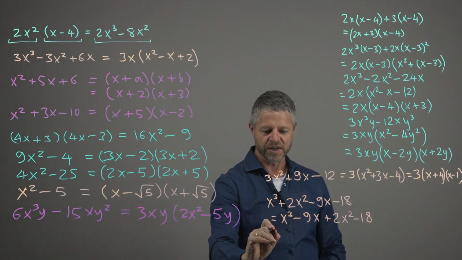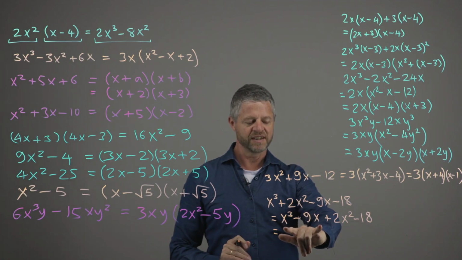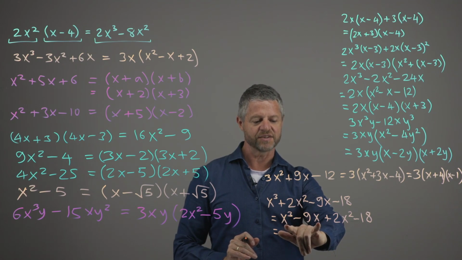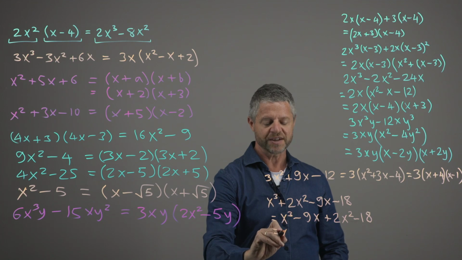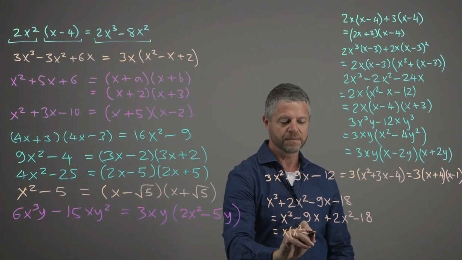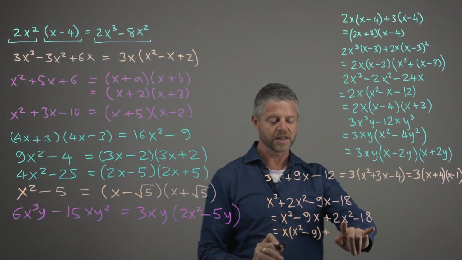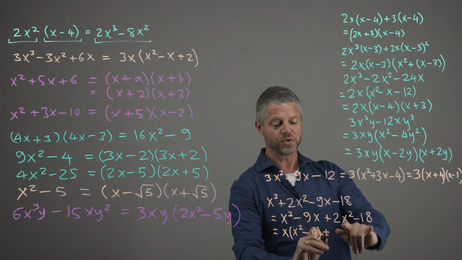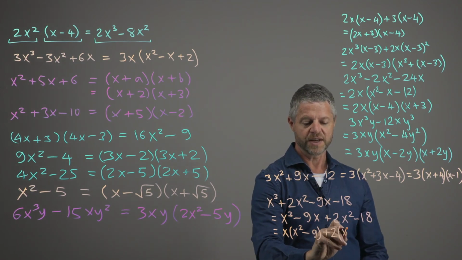And then with this one, so I gave you the hint of rearranging this into x cubed minus 9x, and the reason I wanted to do that was because I'm going to pull out a common factor of x here and be left with x squared minus 9, and I'm going to pull out a factor of 2 here, and then I'll have x squared minus 9.